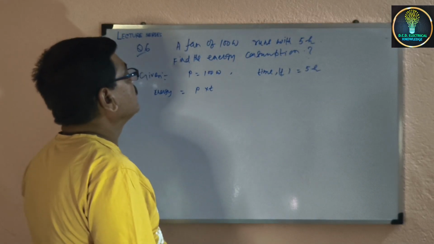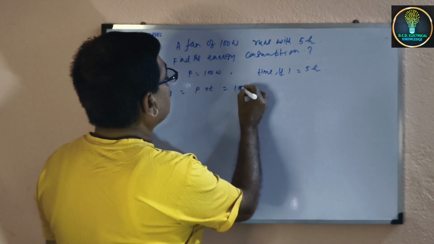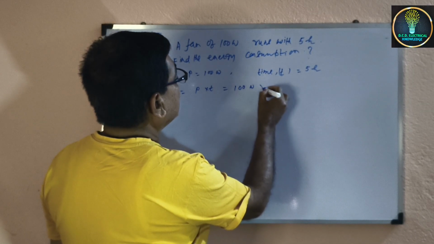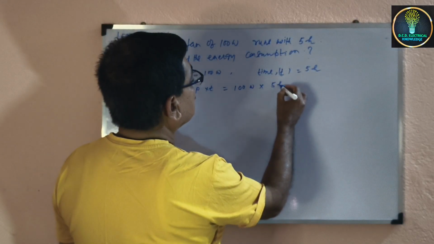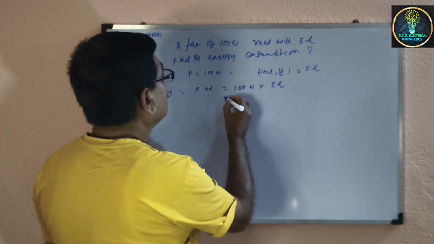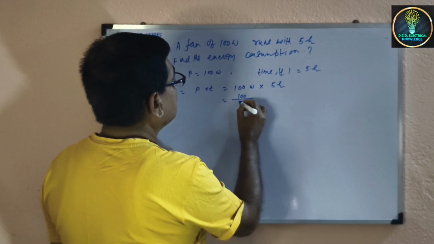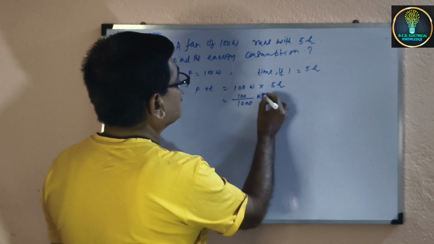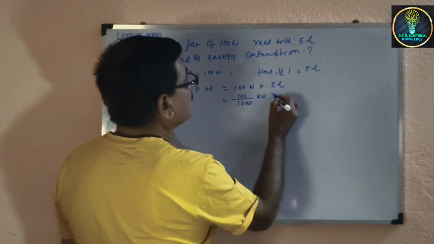So put the value P is equal to 100 watt and time is equal to 5 hours. This watt can be converted to kilowatt, and hour 5.